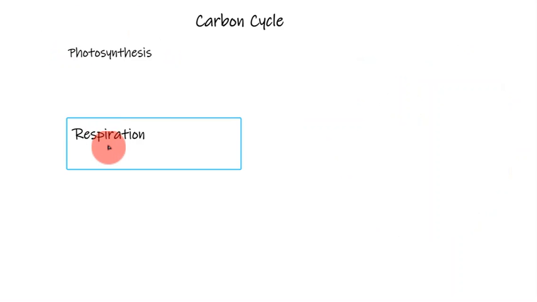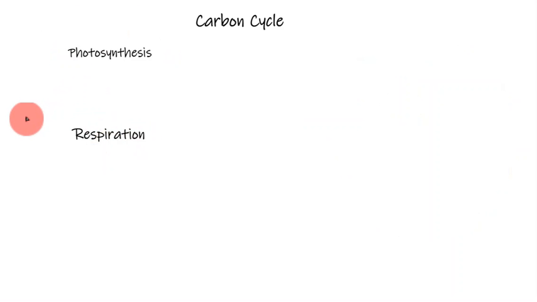So these two processes of photosynthesis and respiration are really important in nature and in relation to the carbon cycle. Try and pause the video and remember what's the formula for photosynthesis and what's the formula for respiration. So the formula for photosynthesis, let's think about what plants take in.